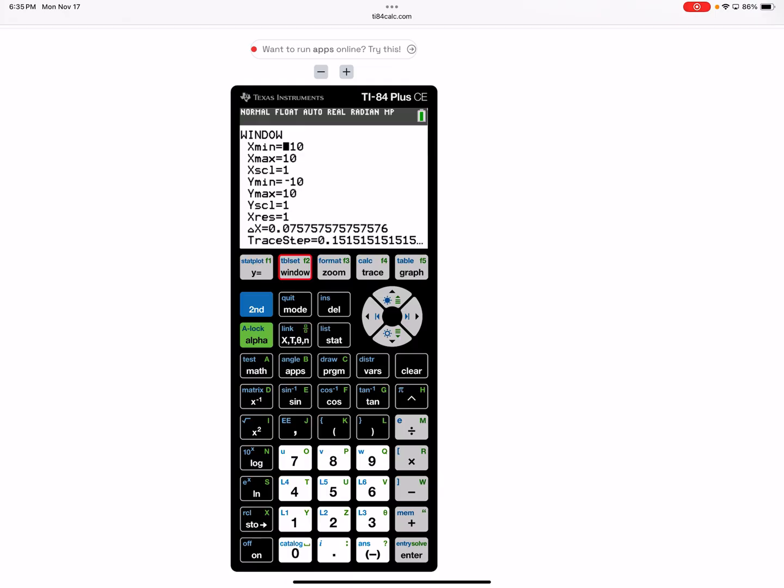Those reading and math scores were positive values. So I'm going to set my X minimum to 0 and my X maximum to 100. Because typically that's what a kid scores on a test, right? 0 to 100, somewhere in there. Same thing on the Y. I'm going to do 0 to 100.